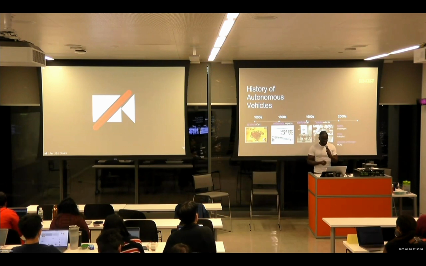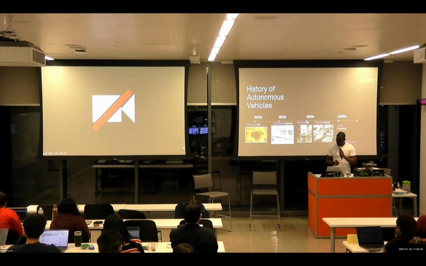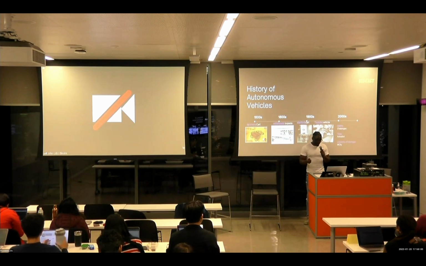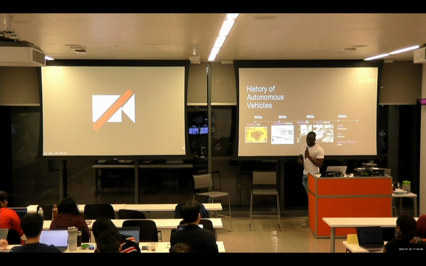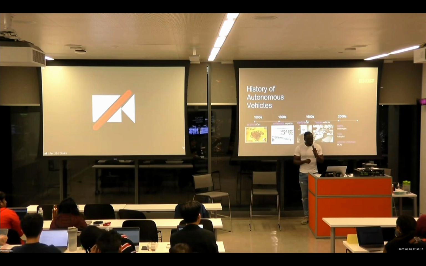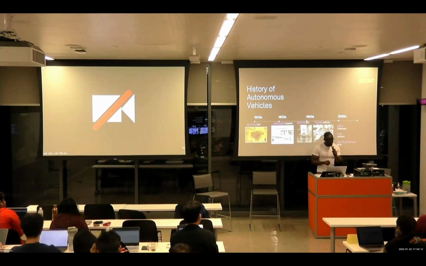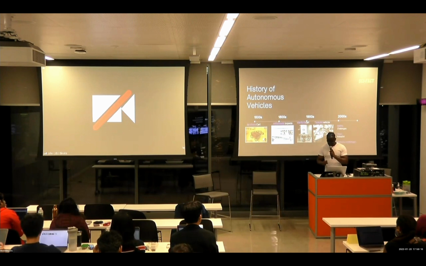Tsukuba's autonomous passenger vehicle was able to recognize road markings moving at nearly 20 miles per hour. And then fast forward to 2004, up until about 2013, DARPA sponsored a series of challenges that also pushed automation and autonomous technology forward. By 2015, Tesla's Autopilot arrived.